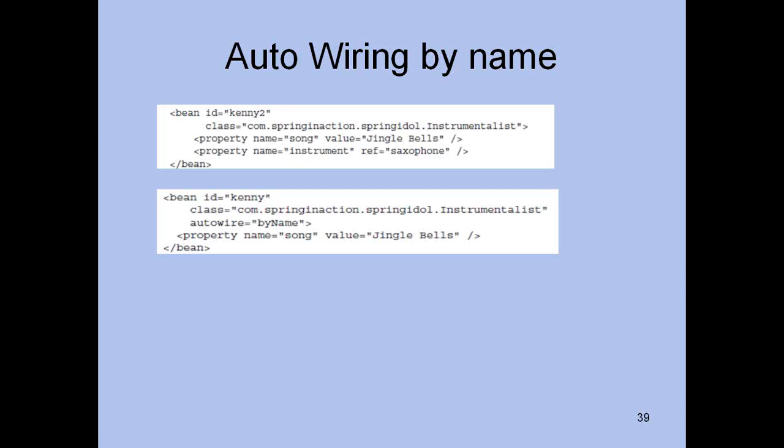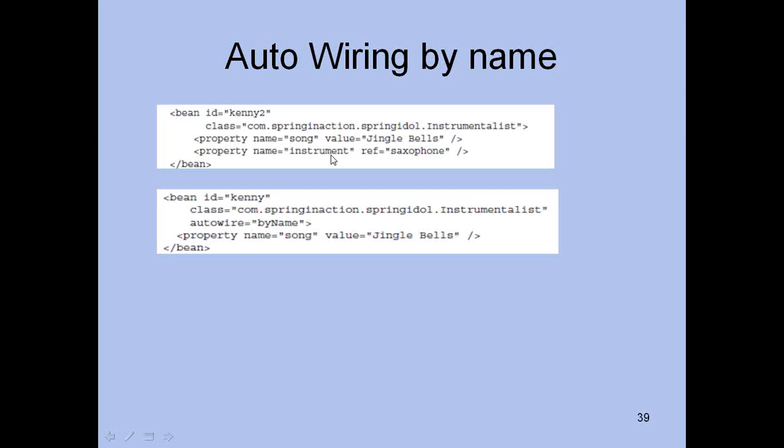Now, let's suppose that you renamed this saxophone bean, which is somewhere else in the configuration file. I haven't shown you here. Suppose you renamed that bean, changed the saxophone bean ID to instrument itself, to match that ID with the property name instrument which is in the InstrumentList class.